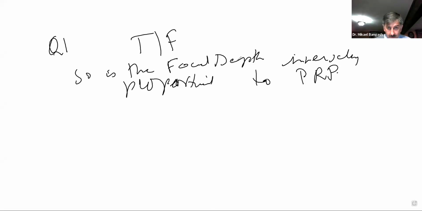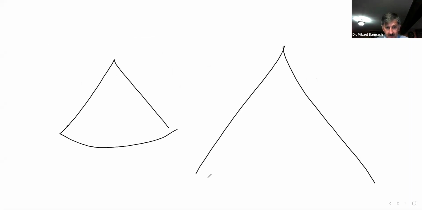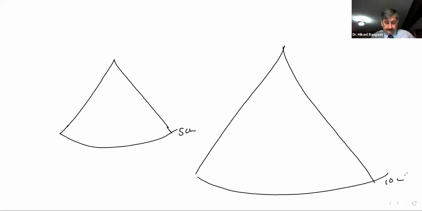But my dear, listen. That's going to get handy because you may have two images that you're comparing. Here the depth of our image is 5 centimeters. Here it's 10 centimeters. That's the depth of your image.